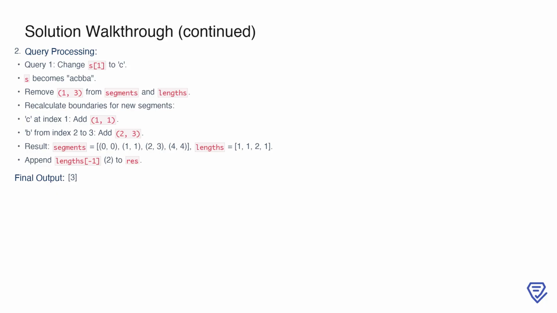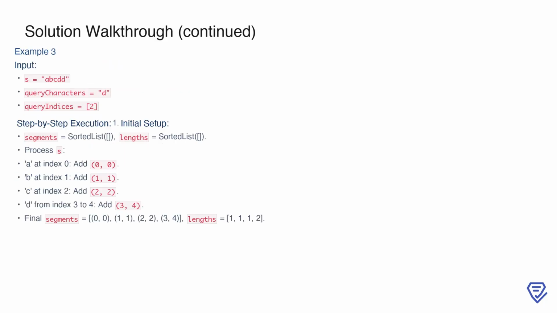The character C at index 1 forms a new segment, 1, 1, and the remaining Bs from index 2 to 3 become the segment 2, 3. This updates segments to 0, 0, 1, 1, 2, 3, 4, 4, and lengths to 1, 1, 2, 1. Finally, we append the largest value in lengths, which is now 2, to the result. The final output for this example is 3.